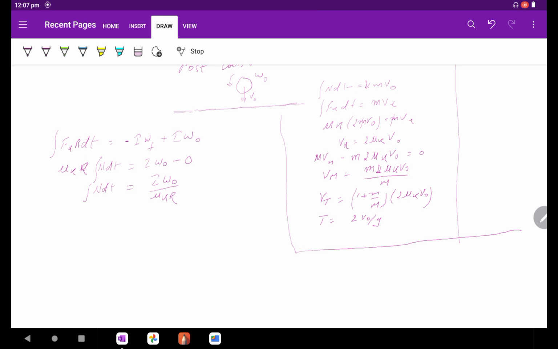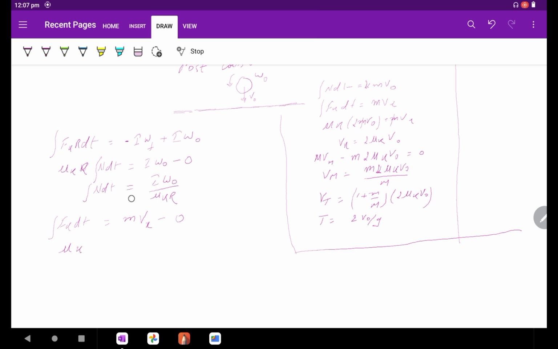So what will be the impulse? Impulse required is fk dt, which will be provided by fk. We mark it as vx minus 0. Now this is mu k N dt to us.